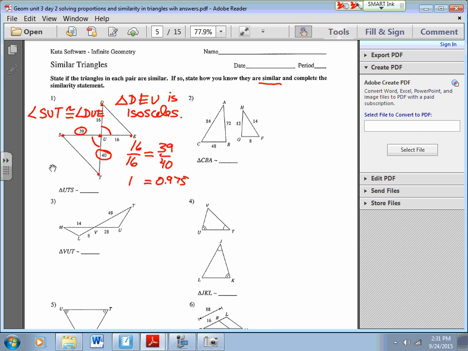So are the triangles proportional? No. That means the triangles then are not similar. So right here, do you guys see this little bottom part? It says triangle UTS, and there's supposed to be a little sideways S like that. That's supposed to represent similar, but they're not. This triangle is not similar to triangle SUT, or I'm sorry, to triangle DUE.